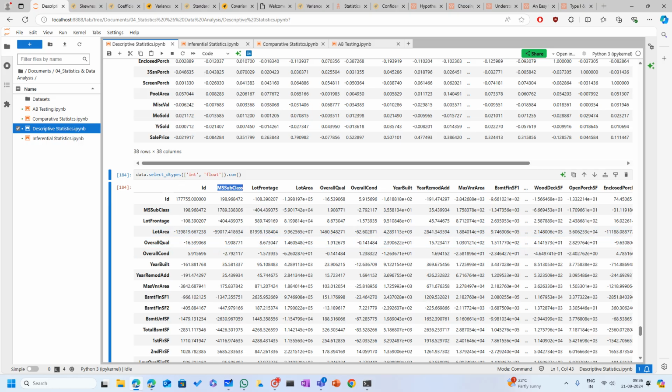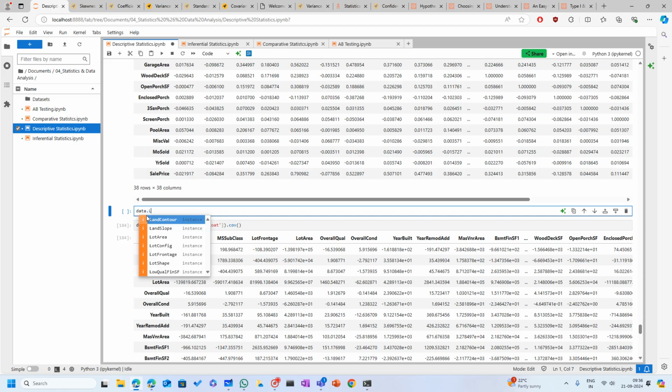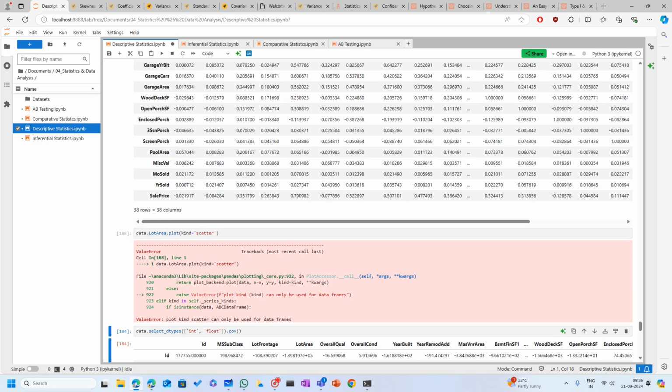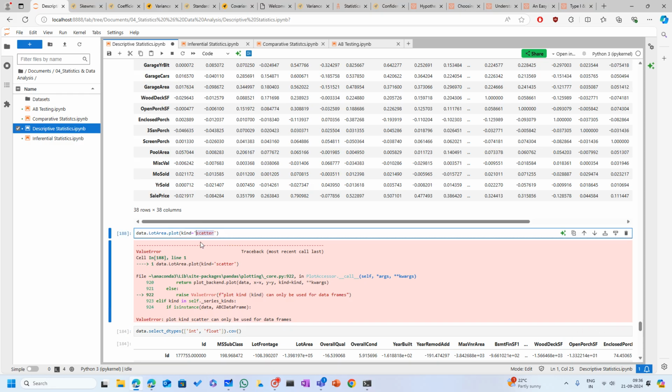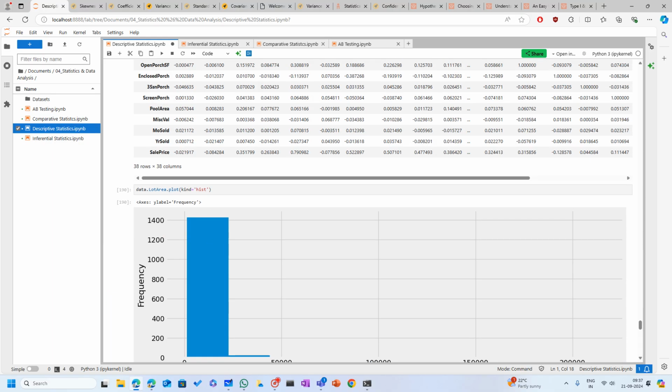That means if I plot lot area here, data dot lot area dot plot of kind equal to scatter. So if I do a plot, okay, I will type hist for one. So if I do a hist, this is what it is.